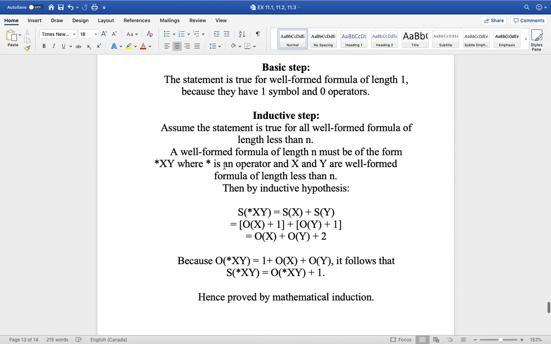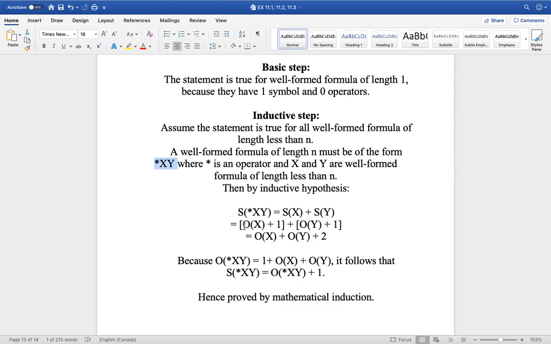So now we have this well-formed formula of length n, which must be of the form operator x y. So this is an operator, and x and y are well-formed formulas of length less than n. So now we performed our inductive step. S of operator x y equals S(x) plus S(y).